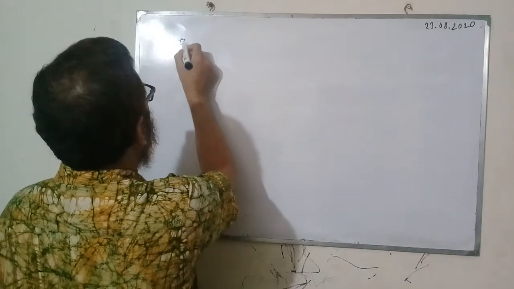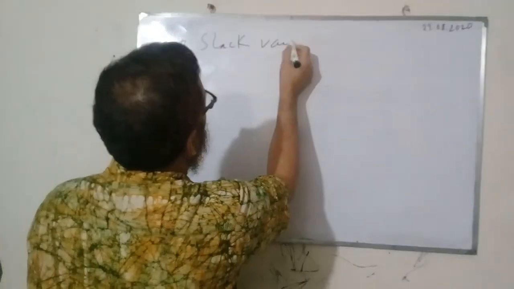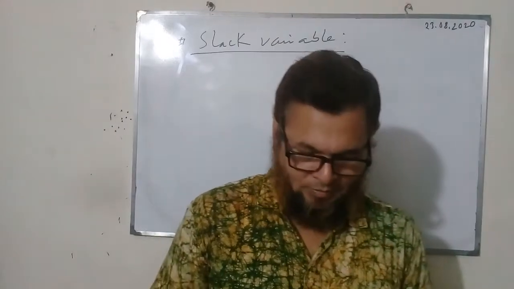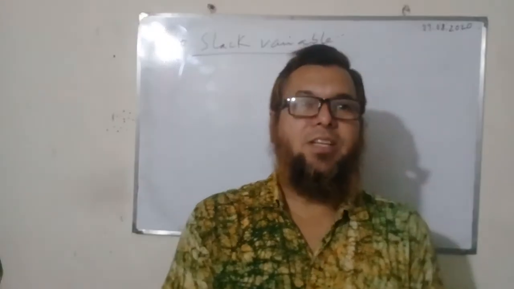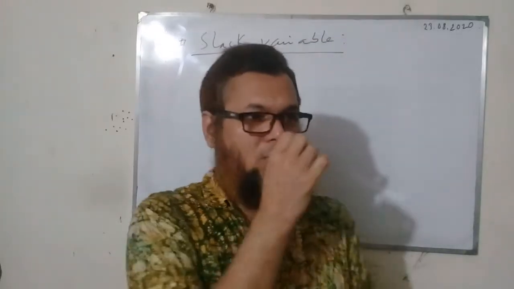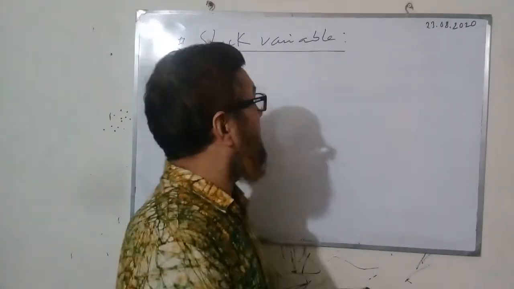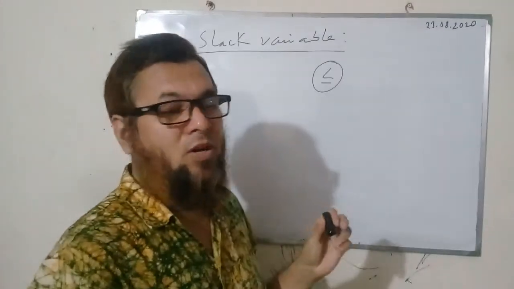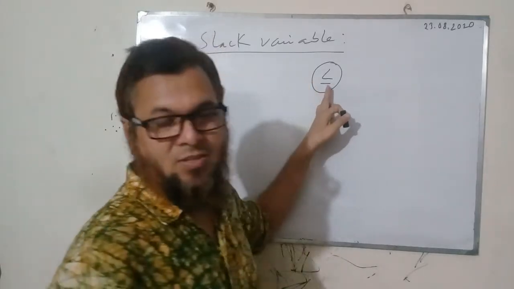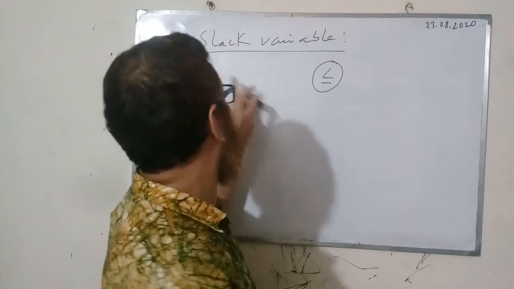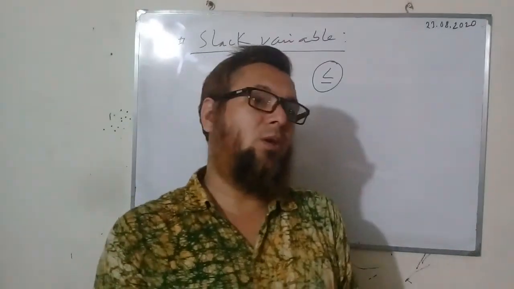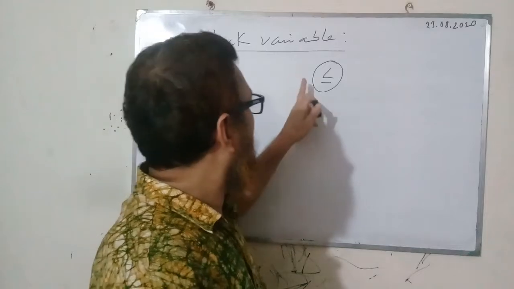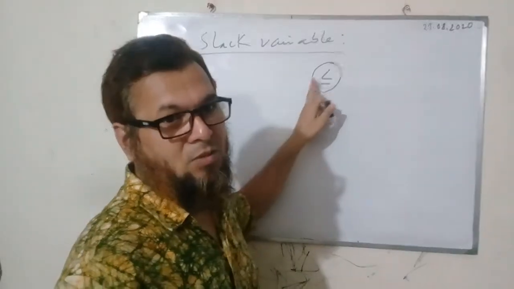What is a slack variable? When in a linear programming problem the constraint is of less or equal type, then we add a non-negative variable to the left hand side of this constraint.